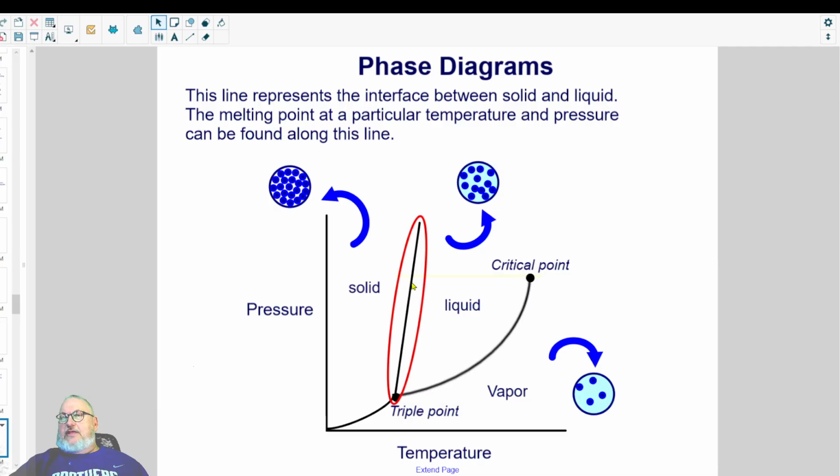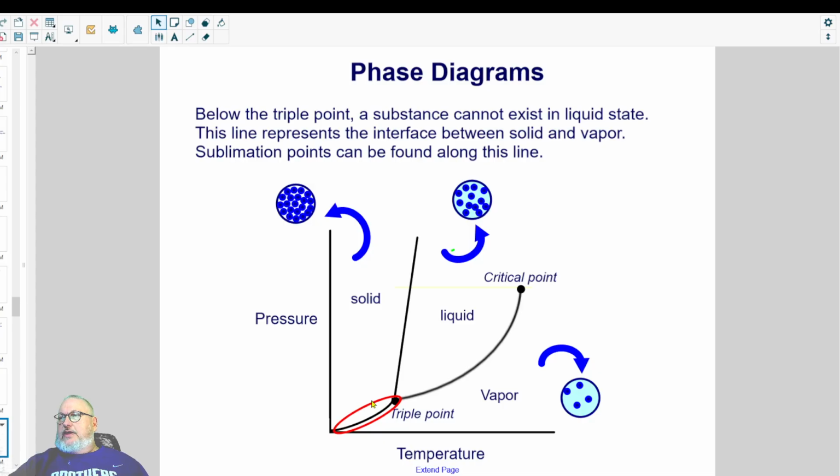That's when the melting point is. This other interface is where the sublimation point is. Whenever this crosses at that particular temperature and pressure, that's when the solid will sublime into a vapor.